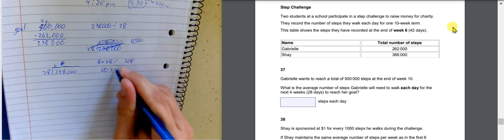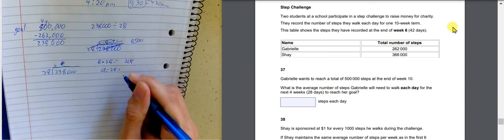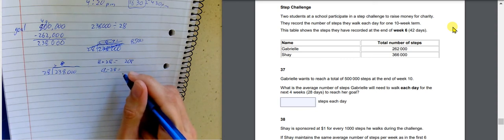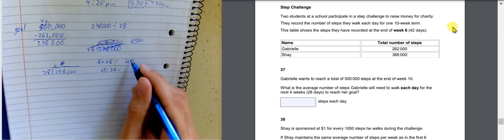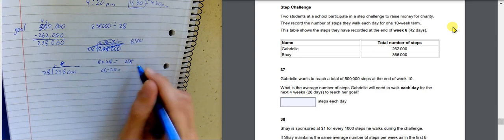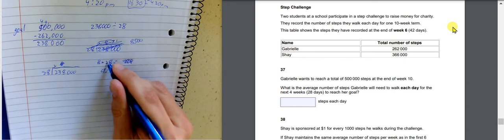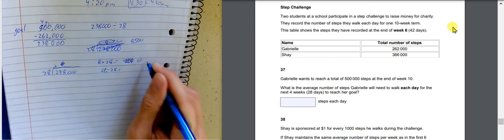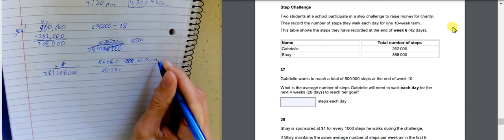9 times 28 equals 180 plus 72, 252. Interesting. Something's not right. Oh, whoops. I've done that completely wrong. 8 times 20 is 160. 8 times 8 is 64. That equals 224.